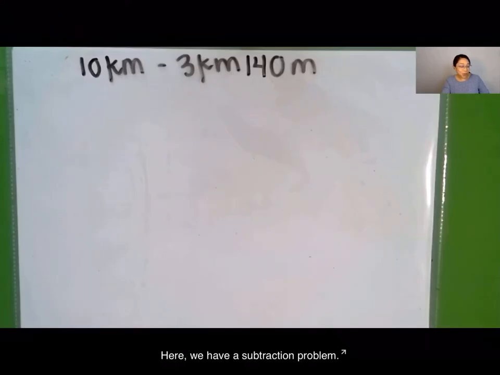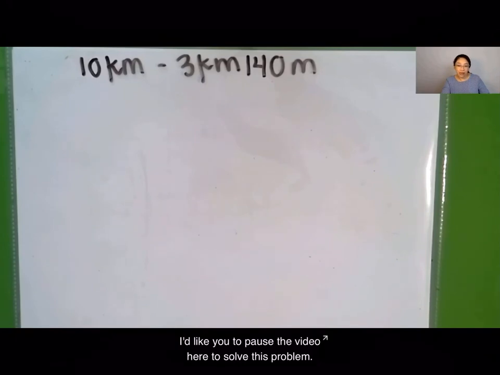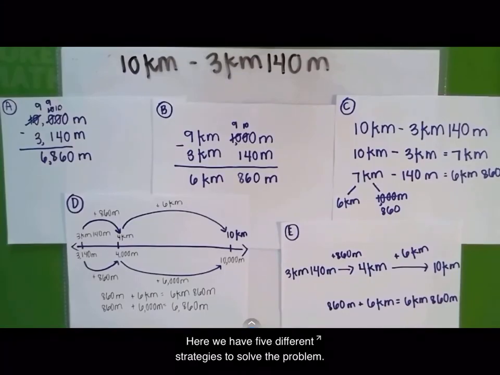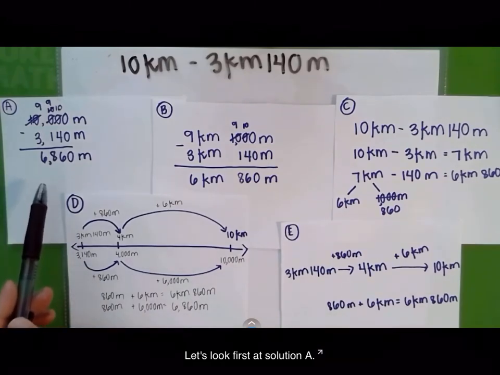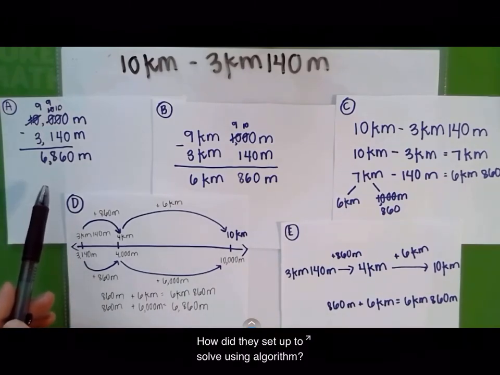Here we have a subtraction problem. I'd like you to pause the video here to solve this problem. Feel free to see if you can solve in more than one way. And then of course, we'll compare our work afterwards. Here we have 5 different strategies to solve the problem. Let's look first at solution A. How did they set up to solve using the algorithm?